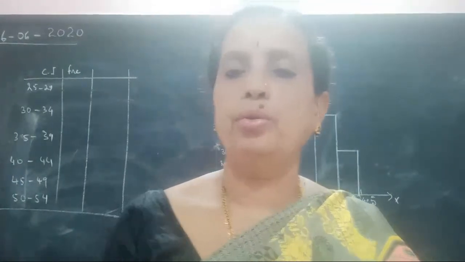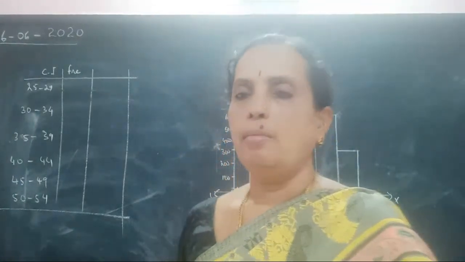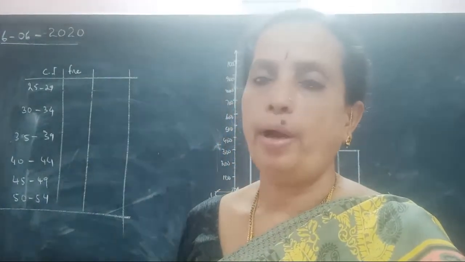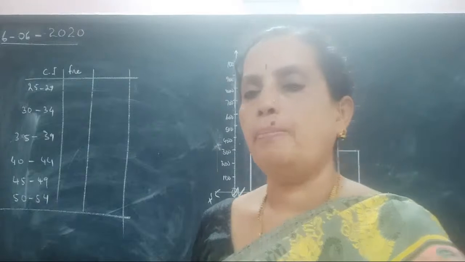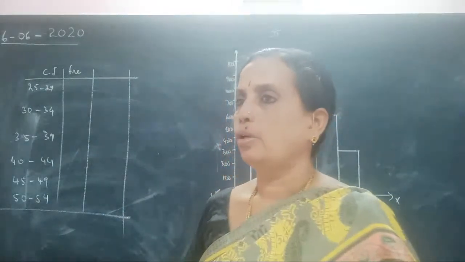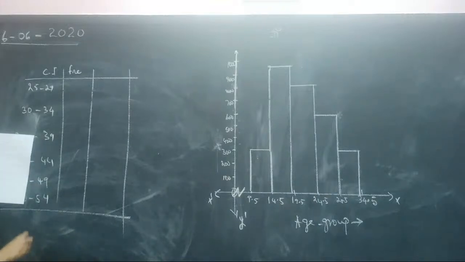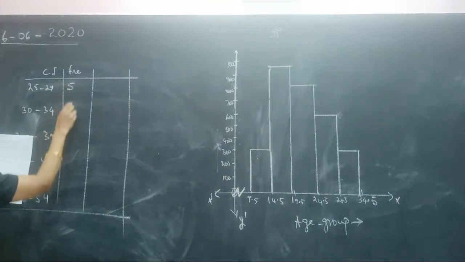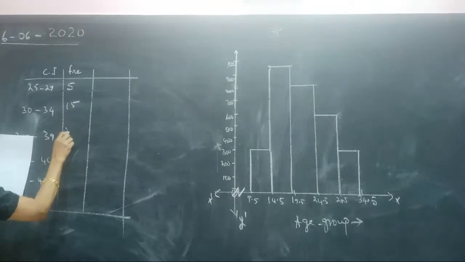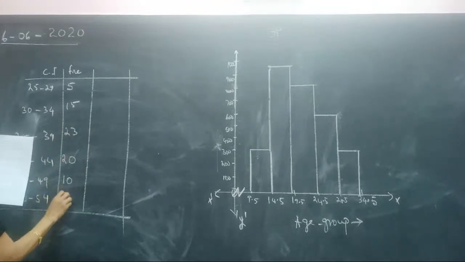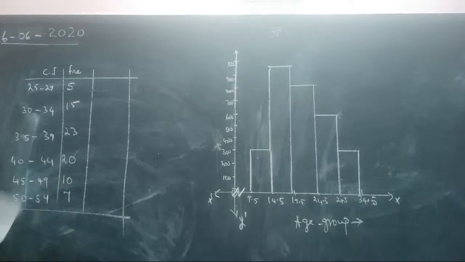So you have to do like the previous question, taking half of the difference as 0.5, add and subtract to the upper limit and lower limit. So what will we get corresponding frequency here? It is 5, 15, 23, 20, 10, 7.